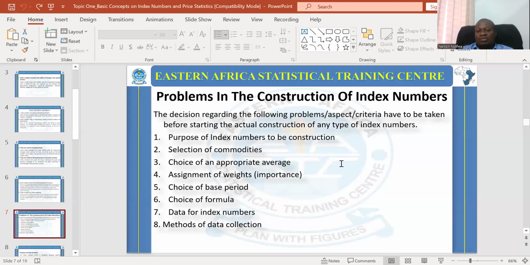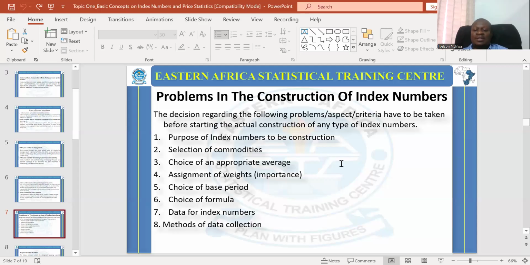Then you need the choice of an appropriate average, because an index number is an average, as I presented earlier. This is of course a special average, but it's still an average. So we need to know which average to be used in the computations. Number 4, the assignment of the weights, because having selected commodities, not all commodities will have the same weight.